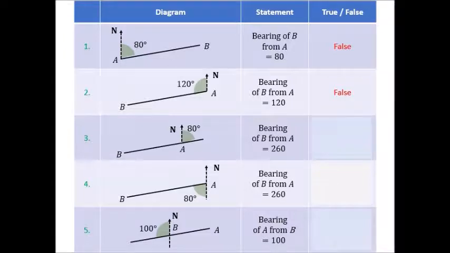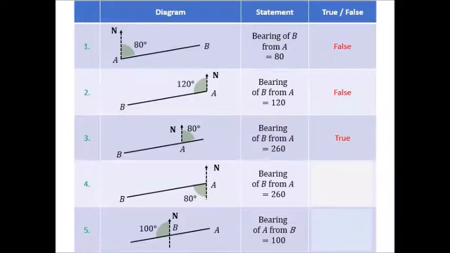In this case, the bearing of B from A equals 260. Well, our bearing of B from A here will be our measurement from north all the way around towards B. We put our compass here, because it's B from A. So we have 80 plus this 180, 80 plus 180 is equal to 260, therefore this is true.